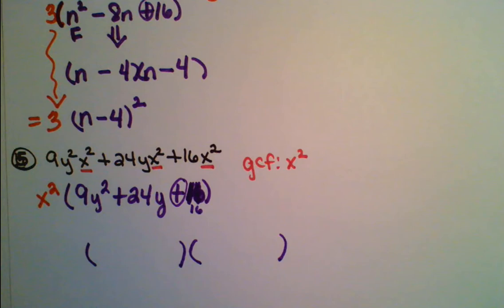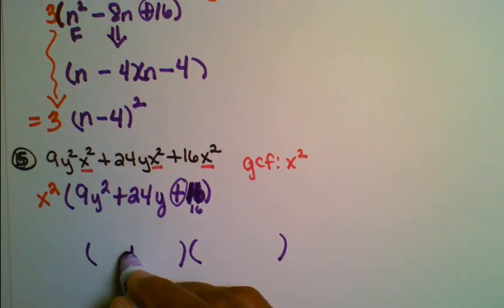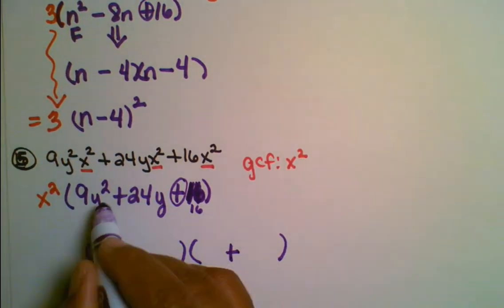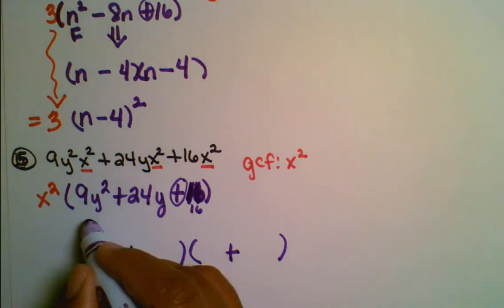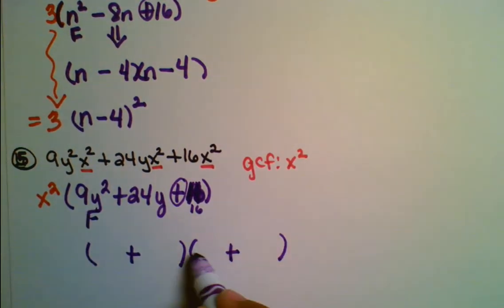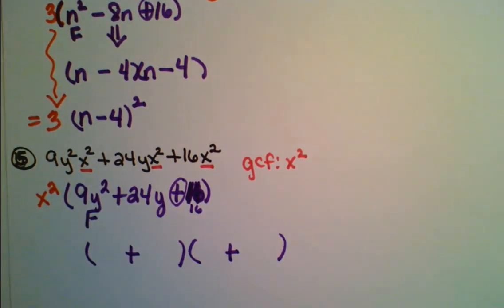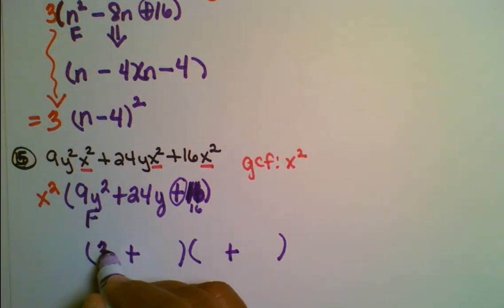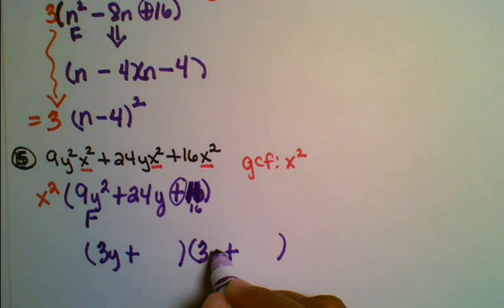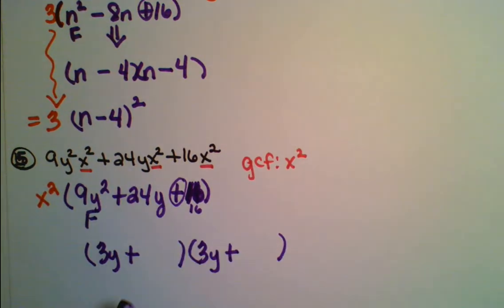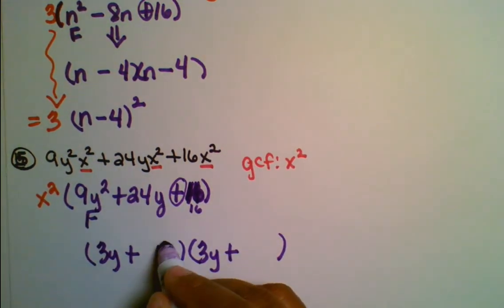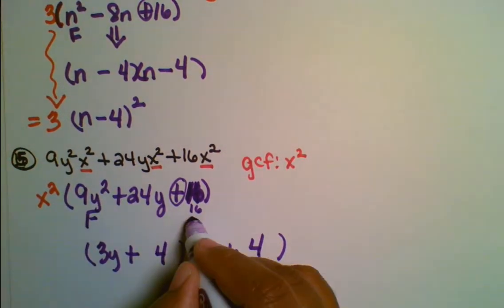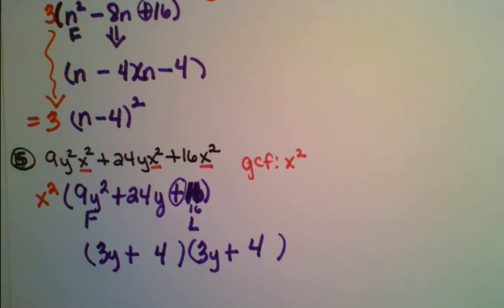Sign of the last term is positive, so we're going to have the same signs, same positive. Break down the first term. What two identical factors would give us 9y squared? That is 3y, 3y. What two identical factors would give us 16? That would be 4 and 4. That would be the factors of the last term.